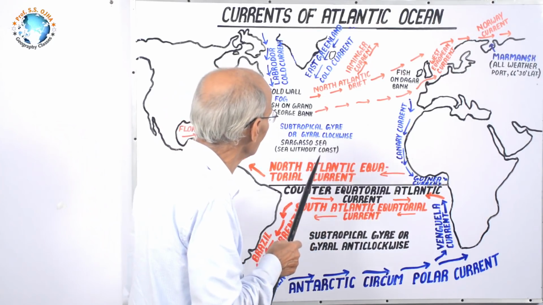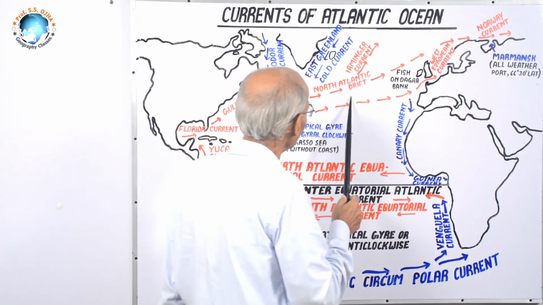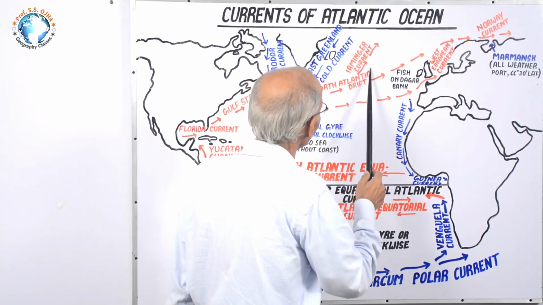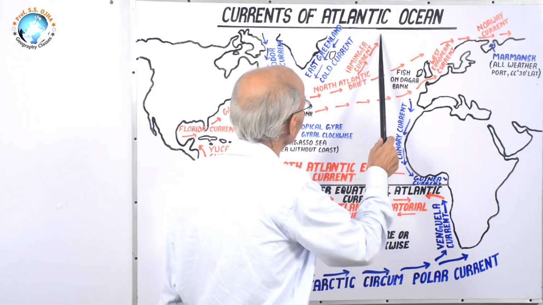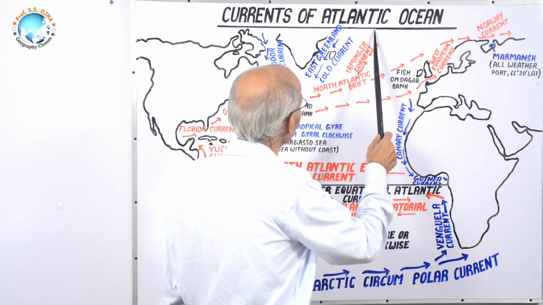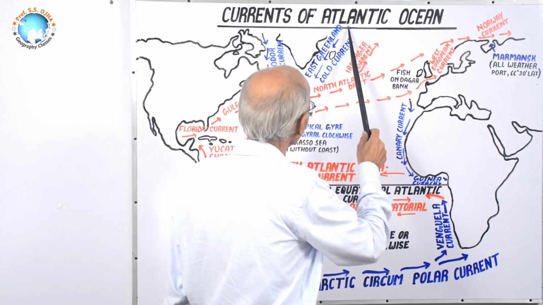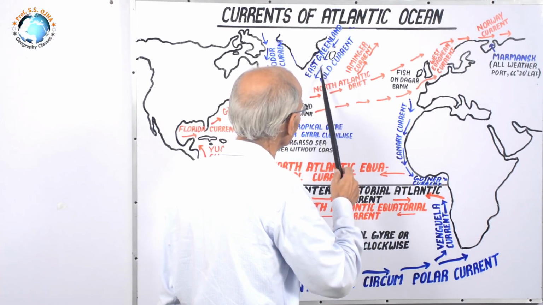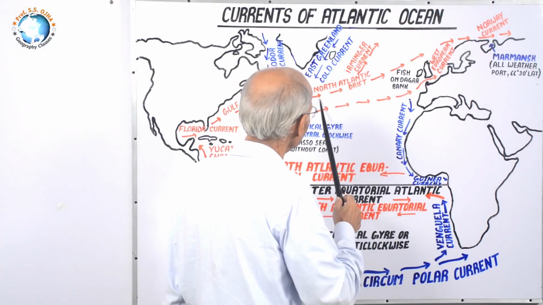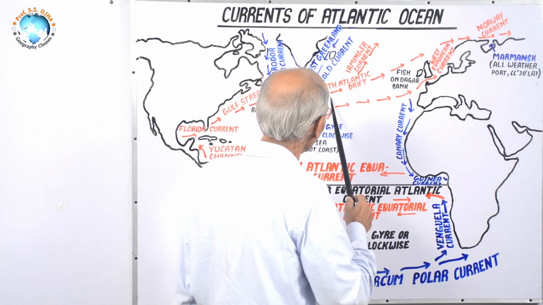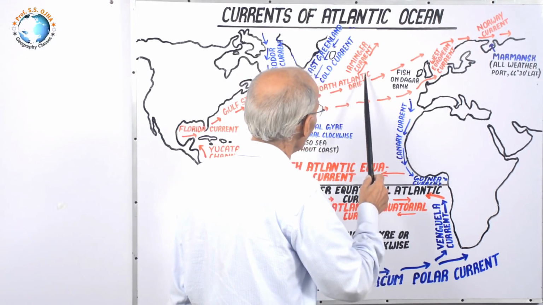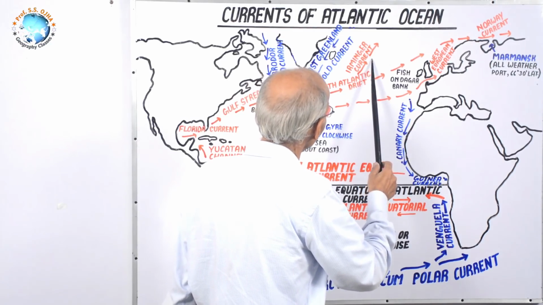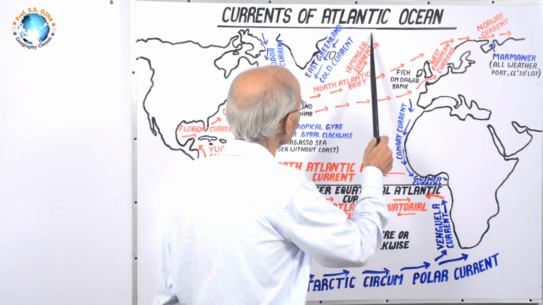Now, one very important thing here in the north, in the subpolar belt, is that this Irminger current reaches the Arctic Ocean. From the Arctic Ocean, this East Greenland current moves south, and then this water through the North Atlantic Drift again reaches in the form of the Irminger current to the Arctic Sea.